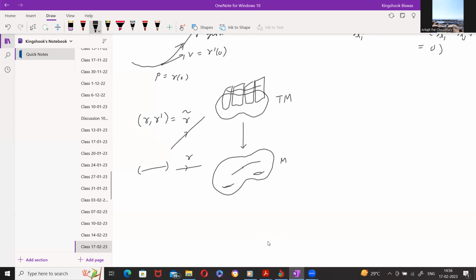And here you have the projection. Okay. So this gamma below is a geodesic if and only if this gamma tilde above is an integral curve of the geodesic vector field on the tangent bundle. Okay, is the picture clear?